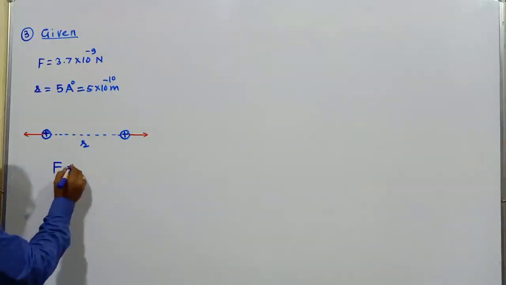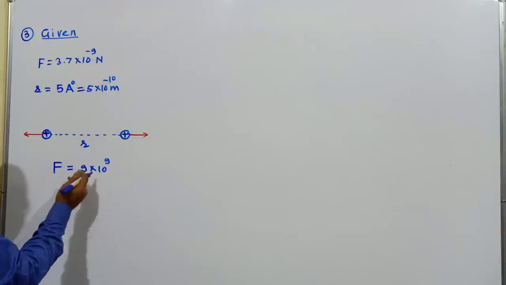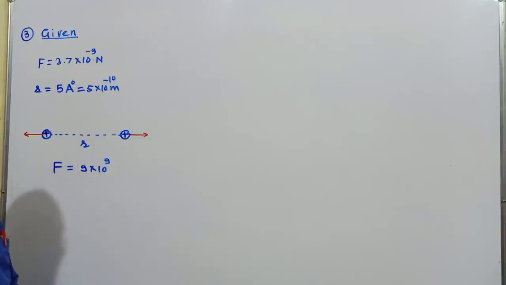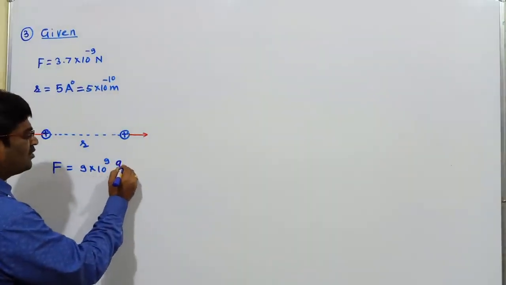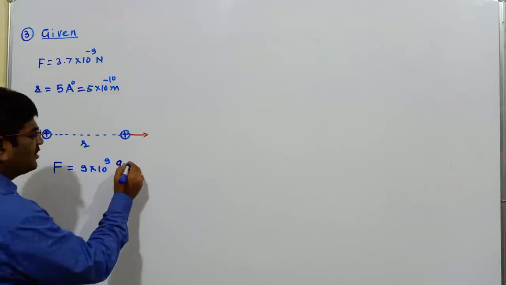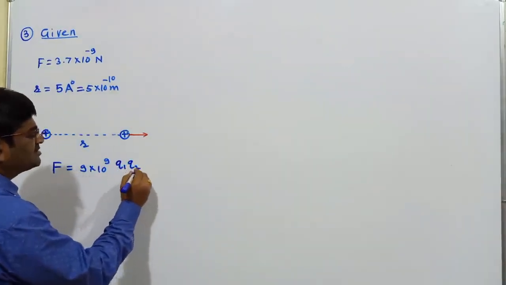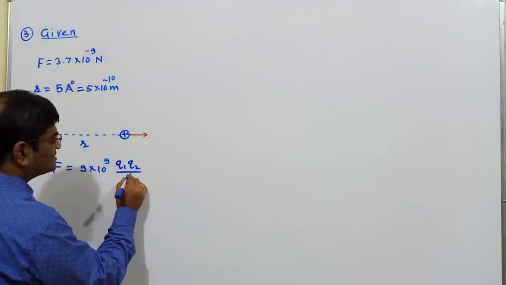It is 9 into 10 to the power 9, I am directly writing the value of 1 upon 4 pi epsilon 0, which already is calculated for the vacuum media, into Q1. What is Q1? Charge on the first ion. Q2. What is Q2? Charge on the second ion, divided by R square.